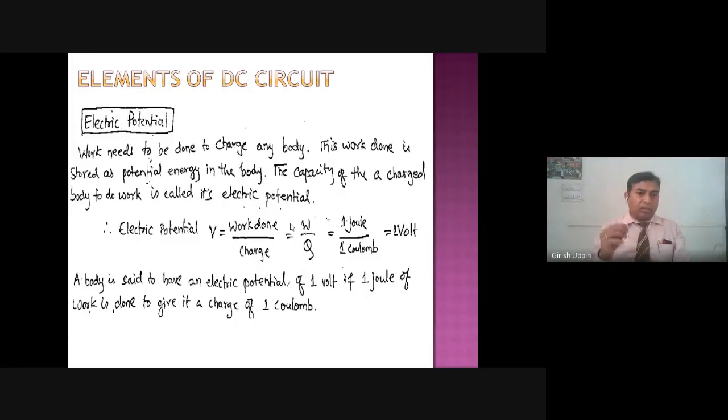The capacity of a charged body to do the work in an electrical circuit is called an electric potential, and it is represented by capital V and sometimes capital E. Electrical potential is equal to work done divided by charge, W by Q. The unit is the volt or joule per coulomb.